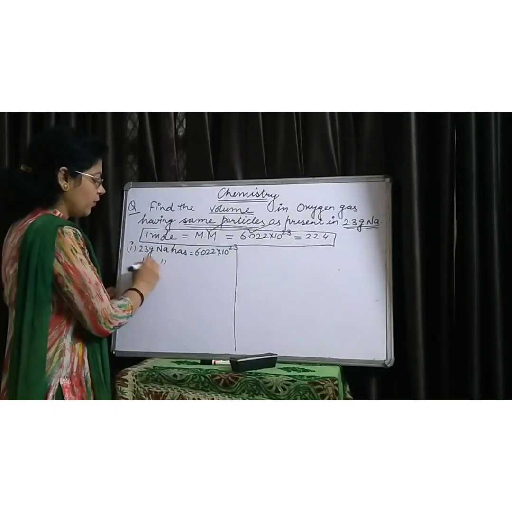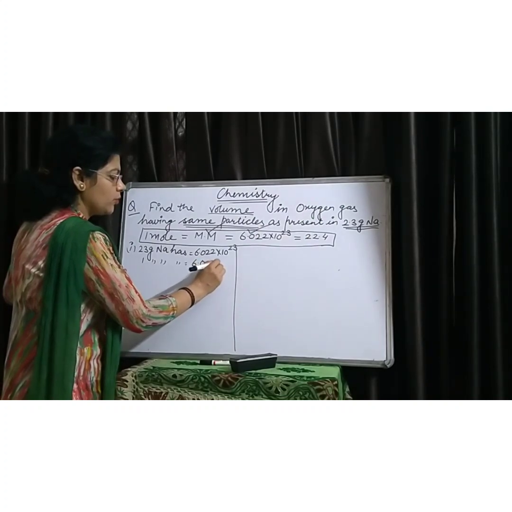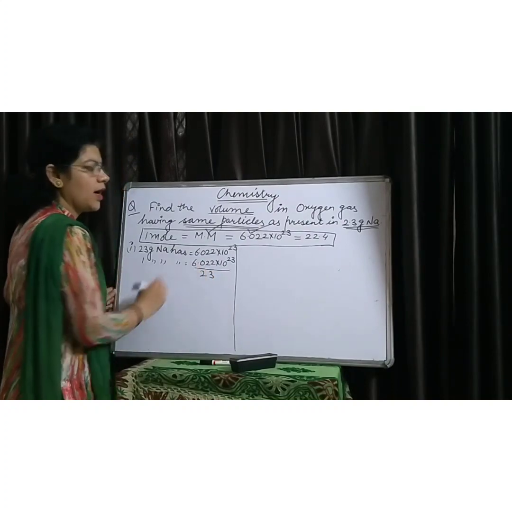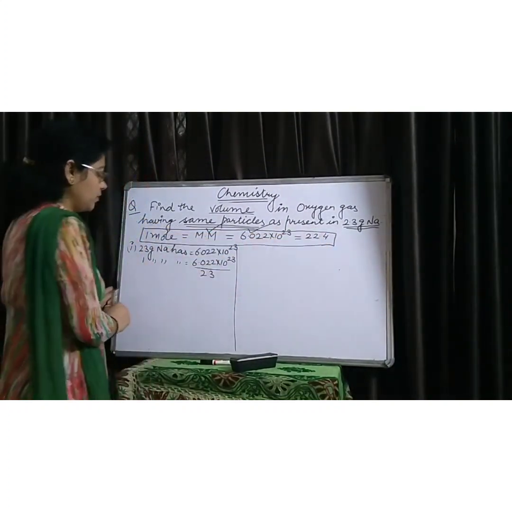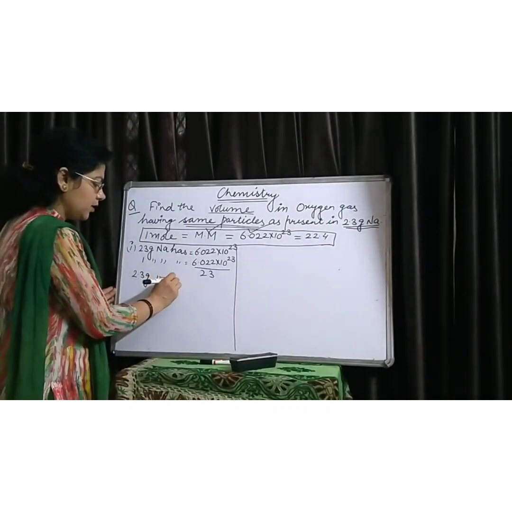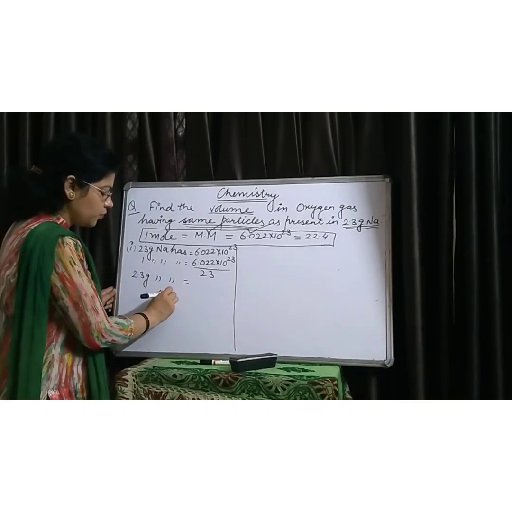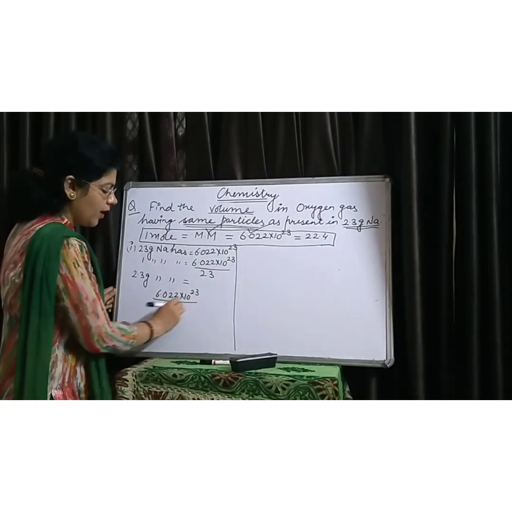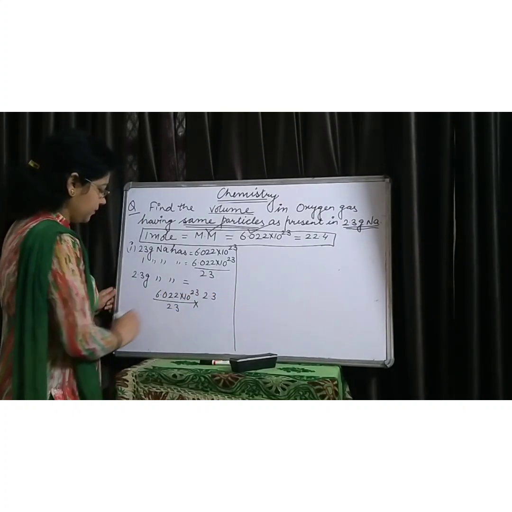So 1 gram of sodium is equal to 6.022 × 10^23 upon 23, and you have to find it for 2.3 gram of sodium. So put here 2.3 gram. In 2.3 gram of sodium, the number of particles are 6.022 × 10^23 divided by 23 multiplied by 2.3.